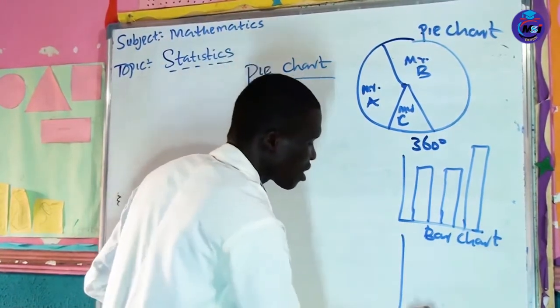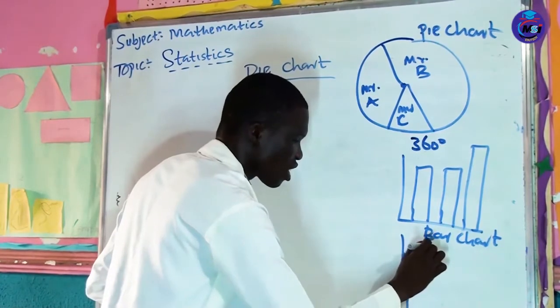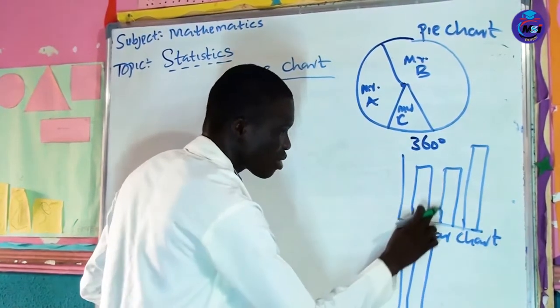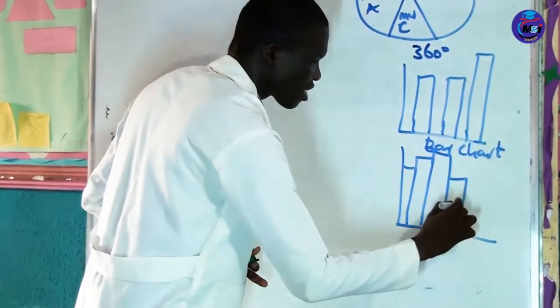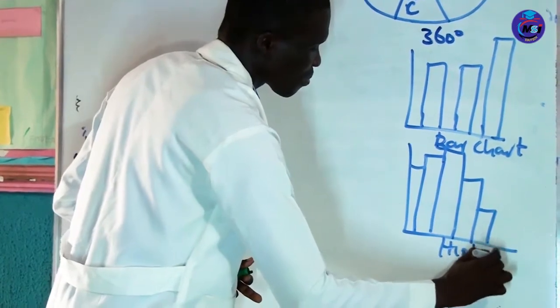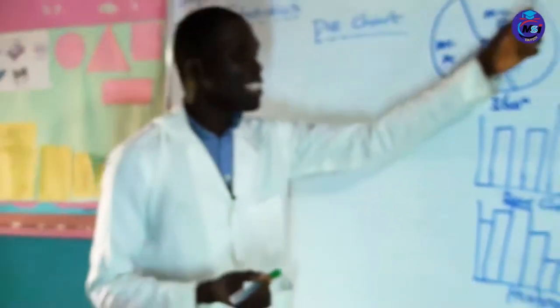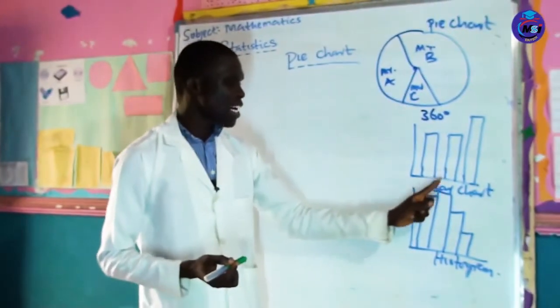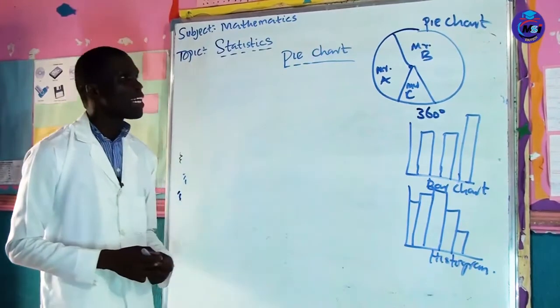Histogram is where you do something like this, each bar will touch one another, there is no gap. So this is histogram. Don't get confused with this. This is pie chart, this is bar chart, and this is histogram.